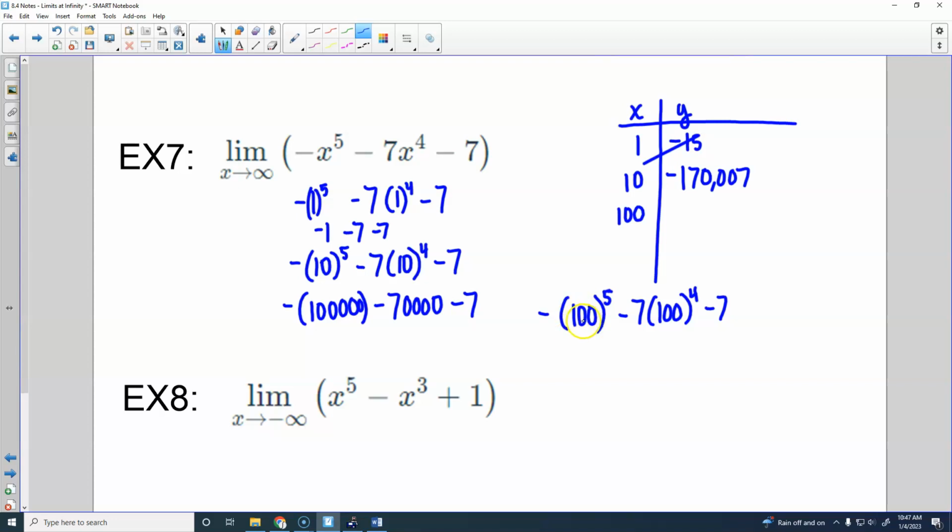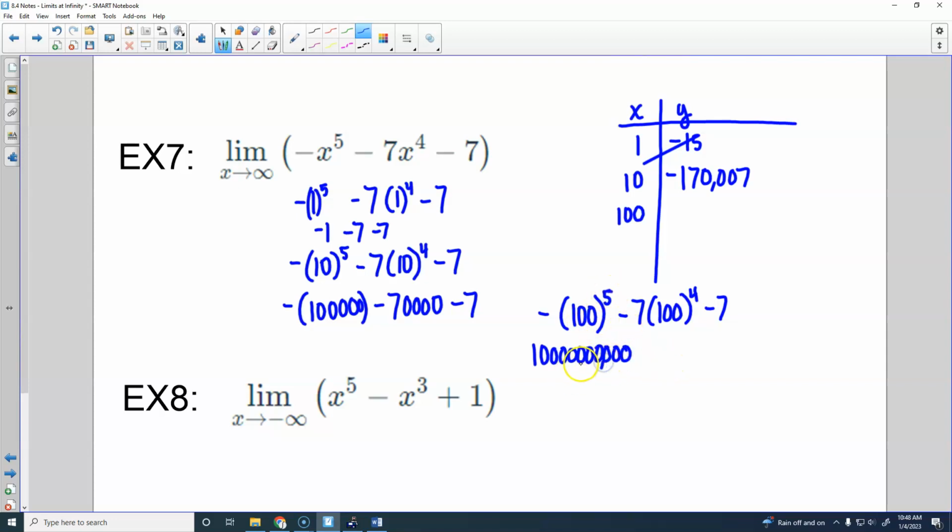How many zeros does 100 to the 5th have? I think it's 10. Check and make sure it's right, because you got 2 zeros and 5 times will give you 10.